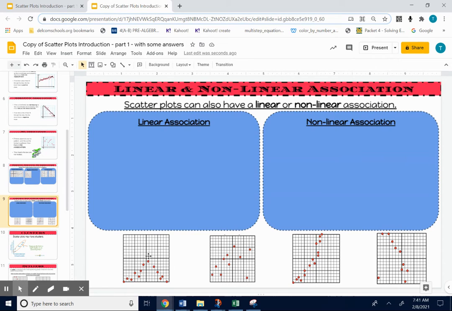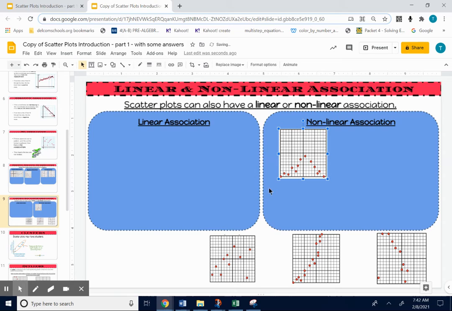Okay, this first one is not linear. I guess you could think of the points as going up in a line, but then down in a different line. Regardless, that would not be one going along one line, so that's non-linear.